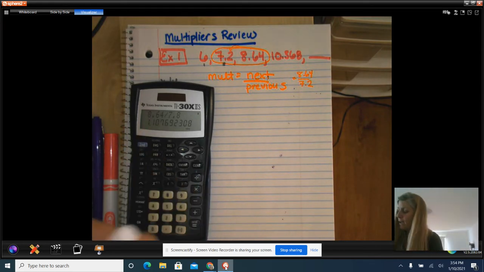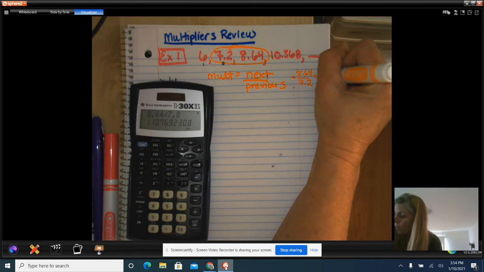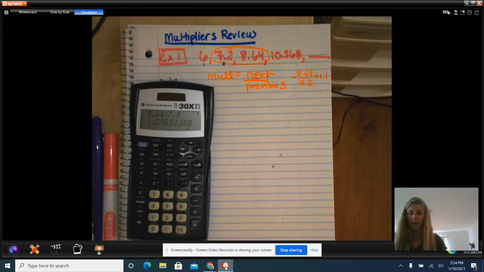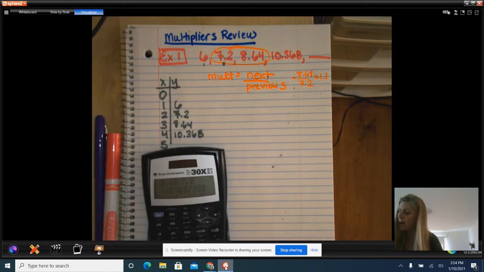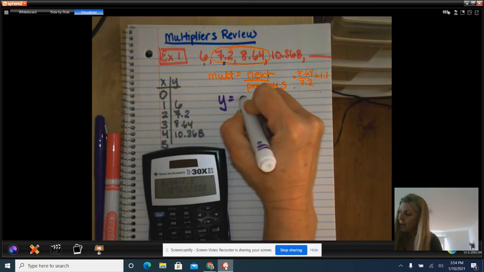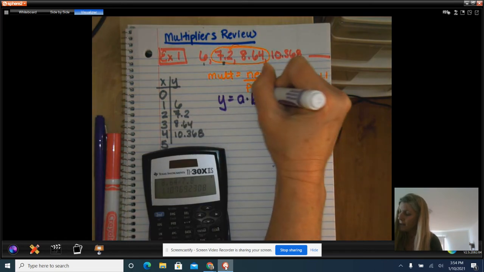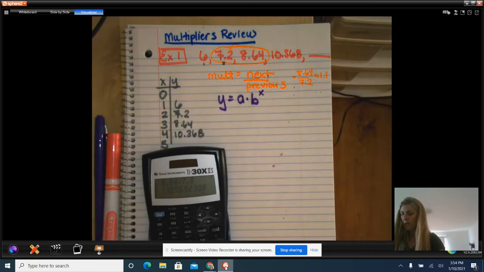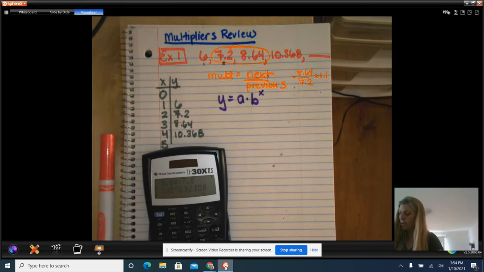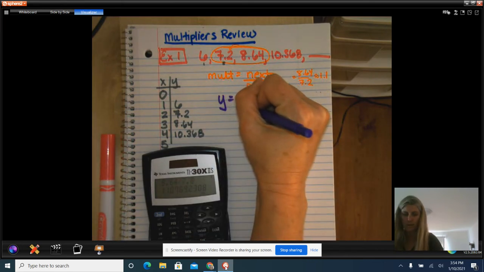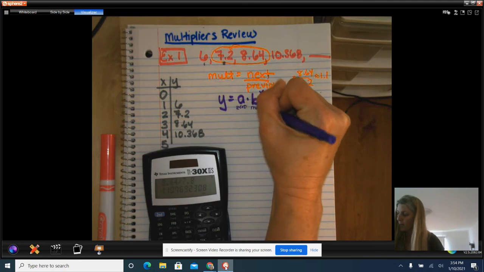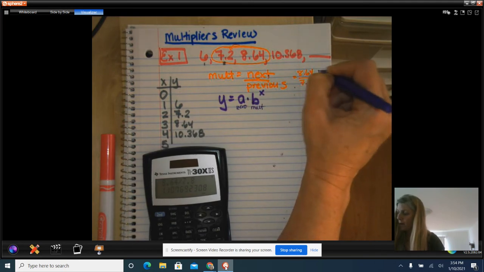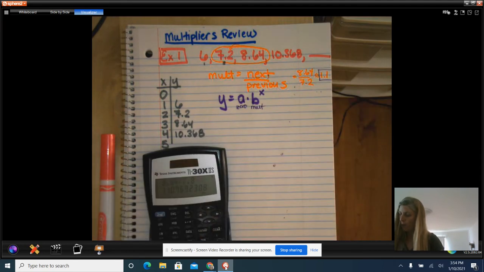So that is approximately 1.1, and that's what we're going to round our multipliers to as we go. So we know that our equation is y equals a times b to the x power, and we know that our a is our 0, and we know that our b is our multiplier.